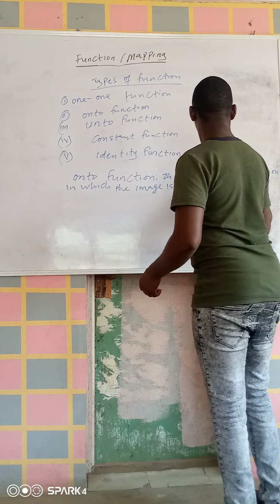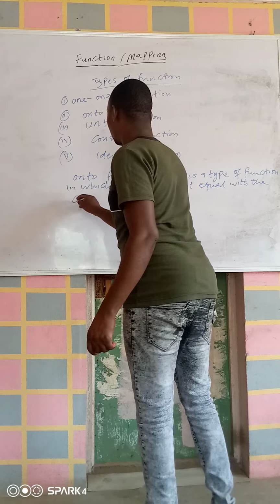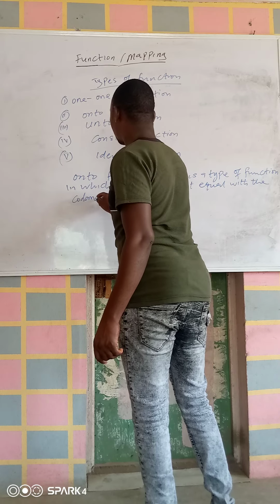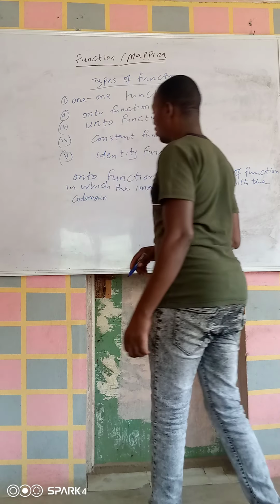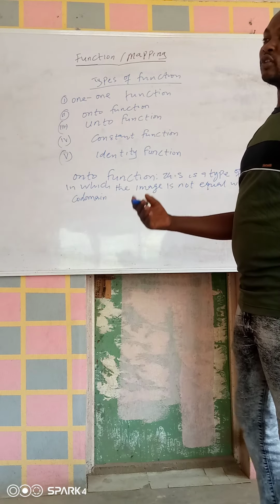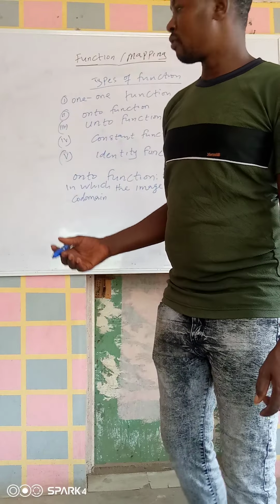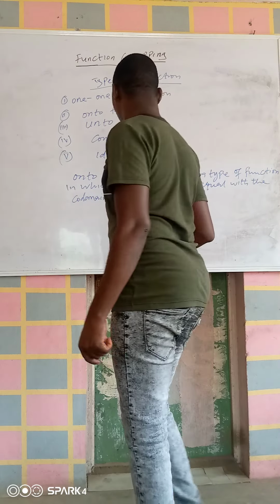So that is usually left over. There are some values that are unable to appear at the codomain side. So when we have something like that, we say we are having onto function.